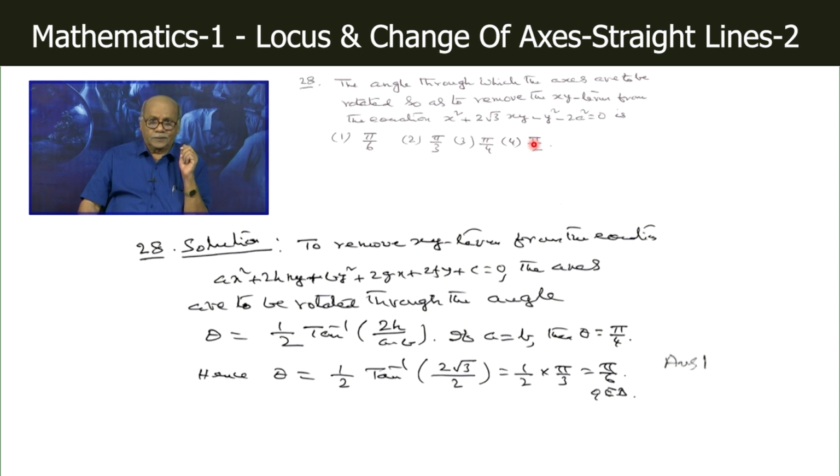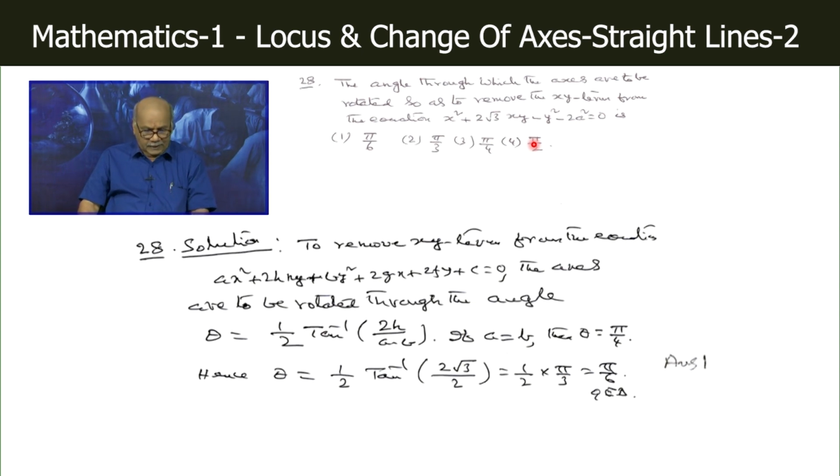That means coefficient of x square minus coefficient of y square. If a is equal to b, then this angle theta becomes pi by 4. Okay? So you have to rotate the axes through an angle half of tan inverse 2h by a minus b when a is not equal to b.